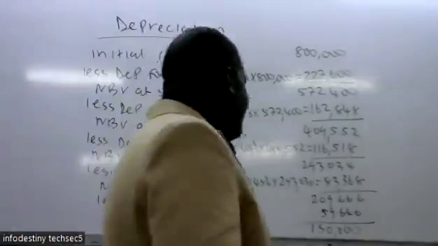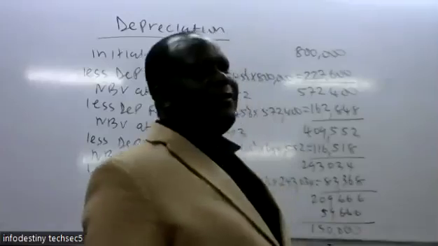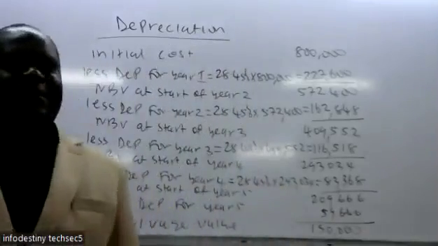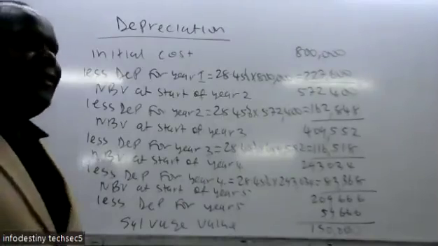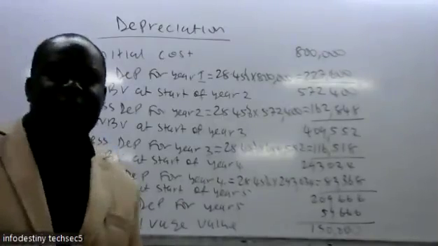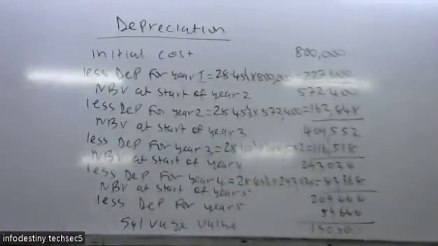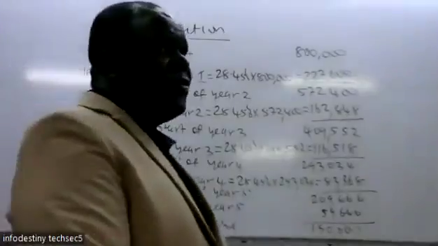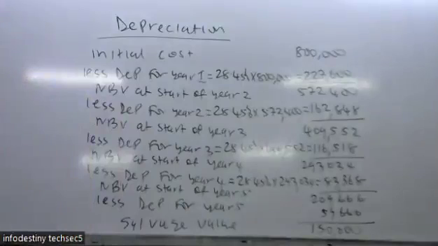When you subtract, there's a very small difference here. The reason being the rounding off. That difference, is it 16 or 17? It is 16. The difference is due to the rounding off. Remember that 28.45% is also rounded off, so that is why we have that small variation.